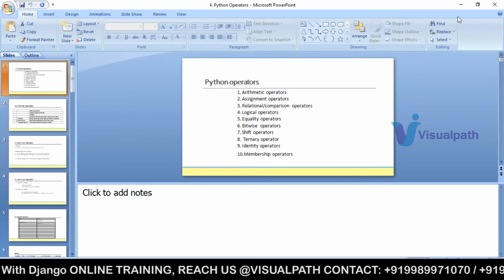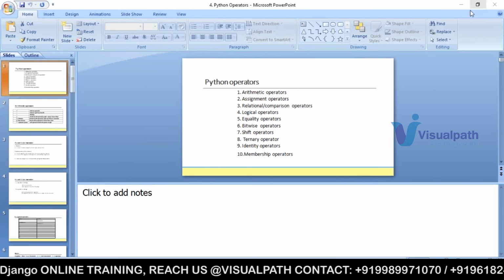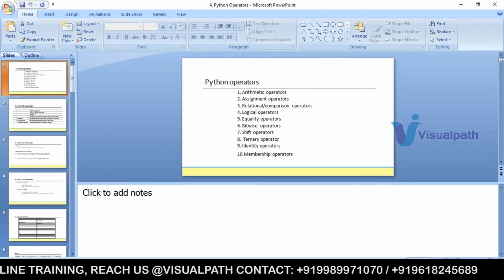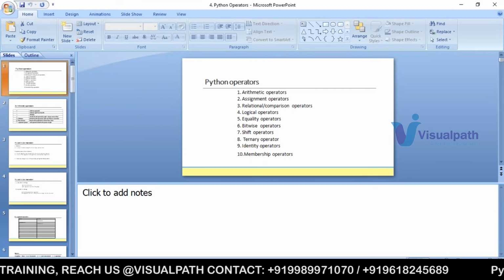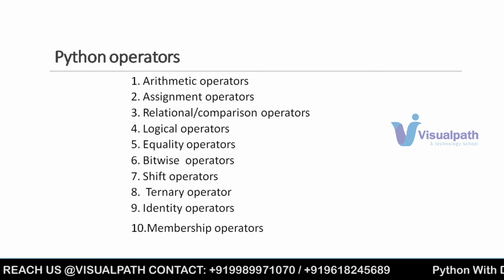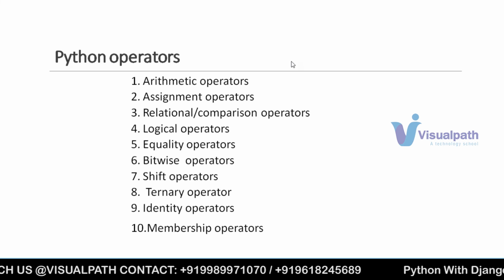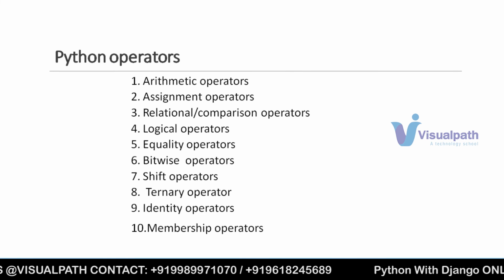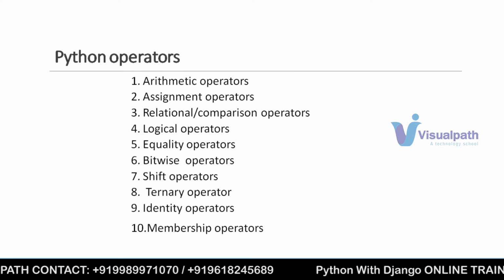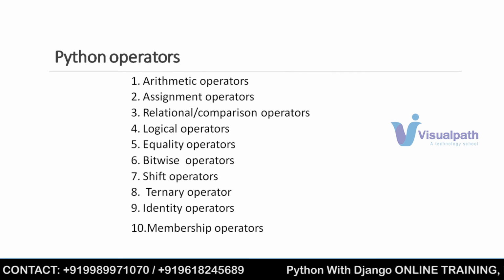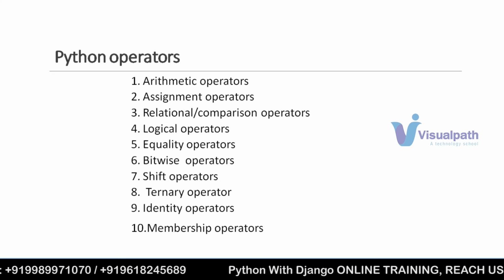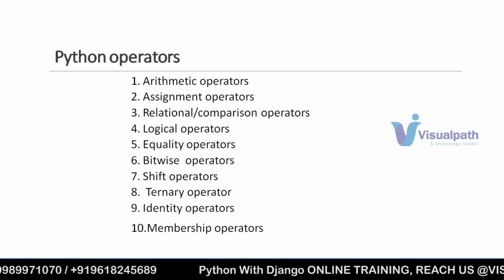Next is Python operators. Just quickly note down the operators we have. Out of all these operators, we will discuss only a few, maybe 3 or 4, and in between we can discuss other operators, because actually in complete Python operators is a boring topic.